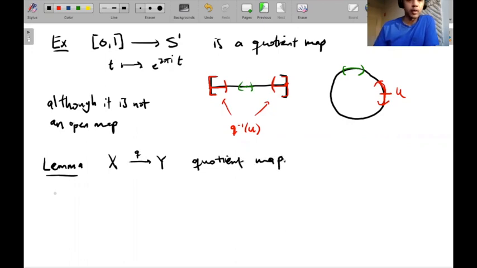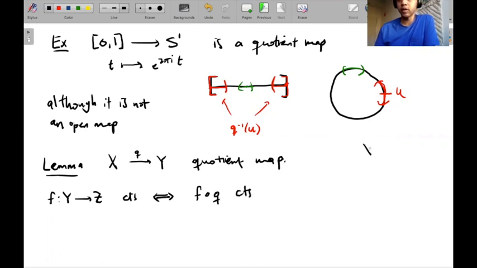Then a function f from Y to Z is continuous if and only if f composed with q is continuous. So we have X to Y to Z, similar to the diagram before, where q now is a quotient map.